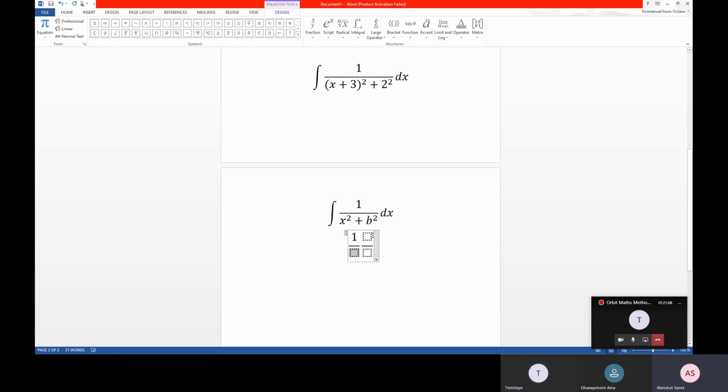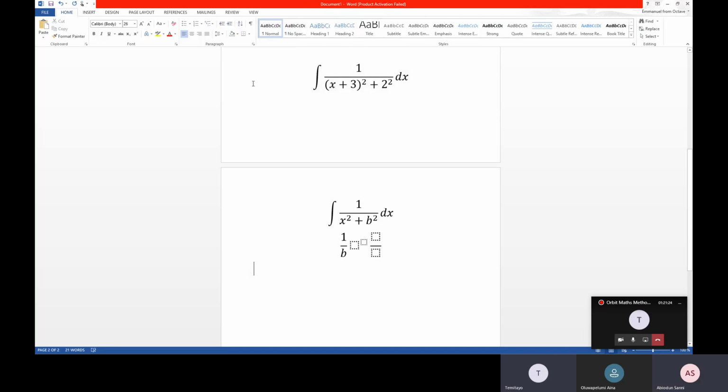So 1 over B, remember that B is in square format. 1 over B times arctan of x over B.